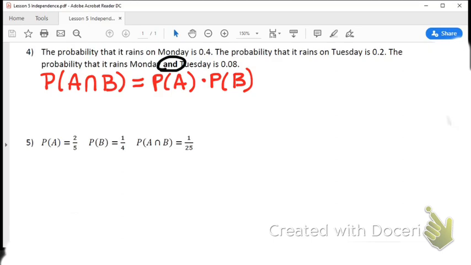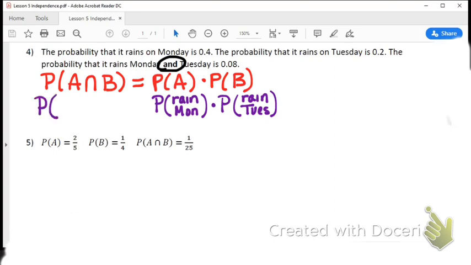So my first event is that it rains on Monday. So the probability of rain on Monday times the probability of rain on Tuesday, if that equals the probability of rain on Monday and rain on Tuesday, then these two events are independent.